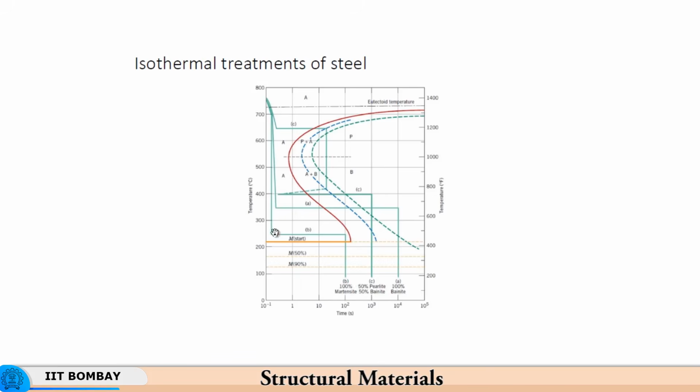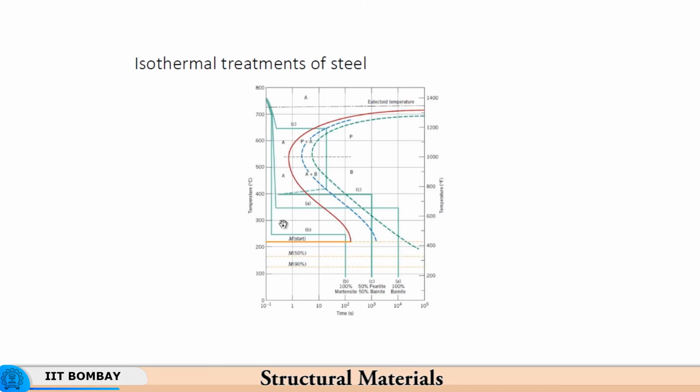So, in this cooling curve, if this had fallen down drastically the way it has been shown, it would have given you 100% martensite, but that would have been very, very fast. What has been done here is that it has been held here at a certain temperature and then it has been cooled down to martensite.